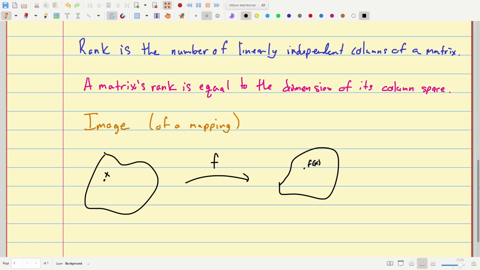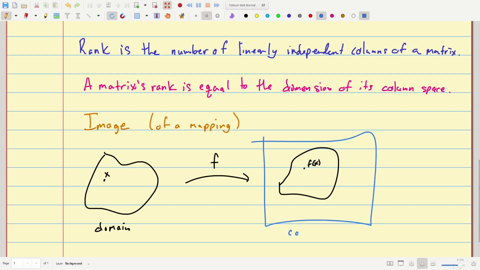And the collection of all of the points in this, which we call the domain, and this, which we call the codomain, the part that actually gets mapped to is known as the image.